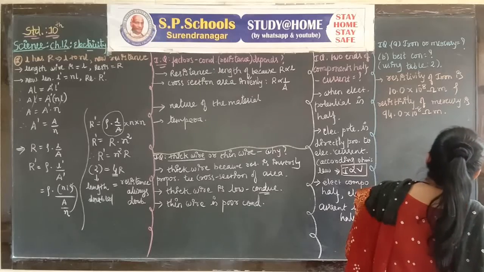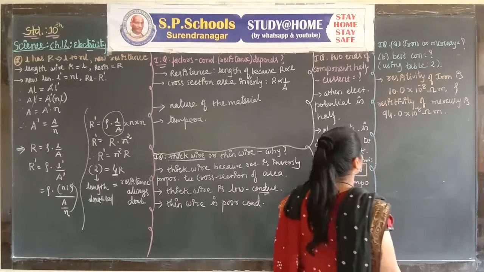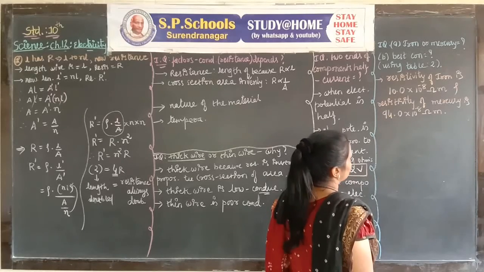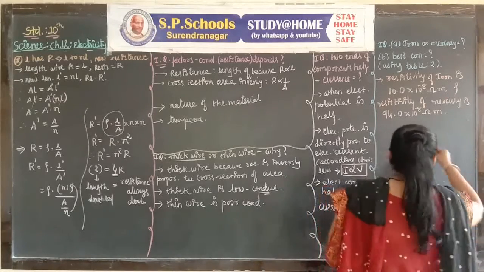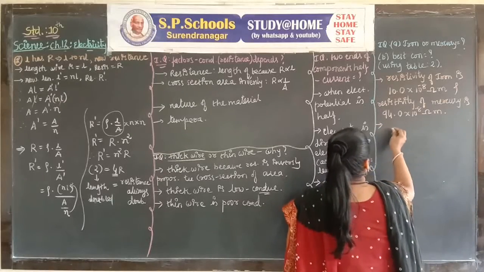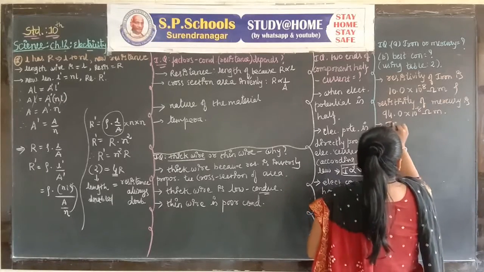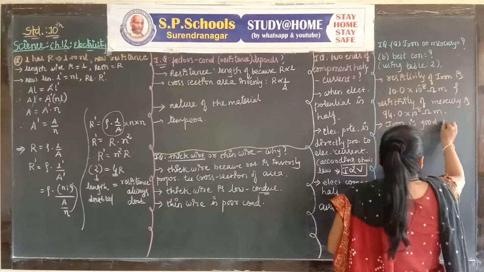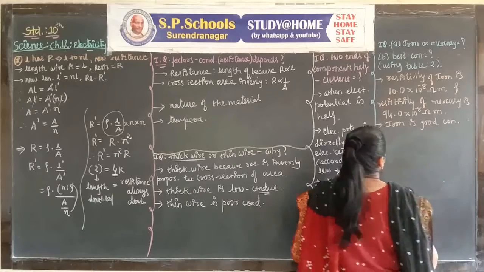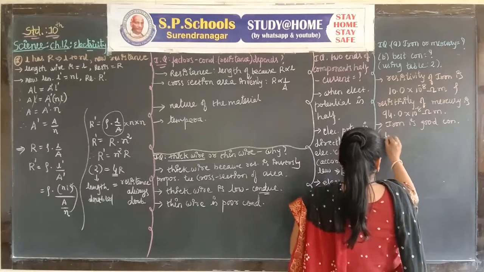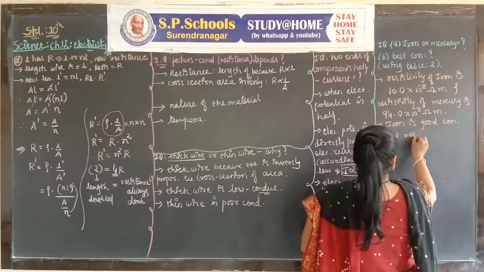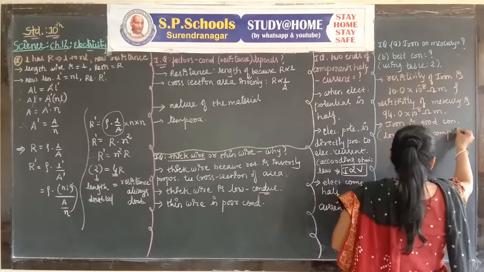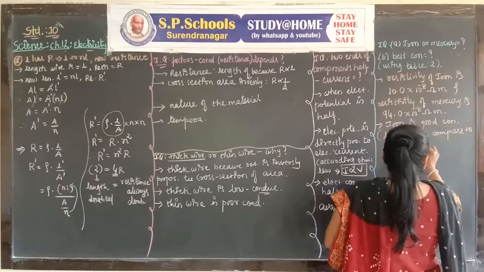So we already know when resistivity is low, it is a good conductor. When resistivity is high, it is a poor conductor. Depending on these values, iron is a good conductor because it has low resistivity in comparison to mercury.